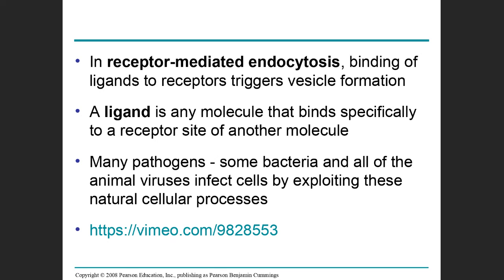And so the cell engulfs the virus and moves the virus from the outside to the inside, which infects the cell. And so cells actually infect themselves with the virus. Because viruses are exploiting this natural process. They're tricking, right, that cell into infecting itself.